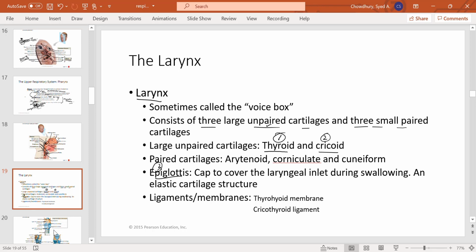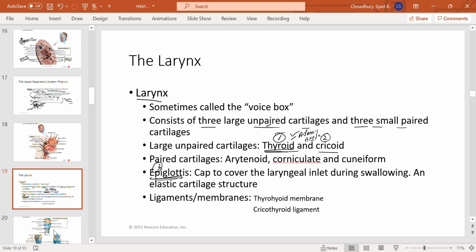All the cartilages are hyaline except the epiglottis, that is elastic, I mentioned before. Unpaired cartilages are larger. Thyroid is the largest one, also known as Adam's apple. And you know that Adam's apple is more prominent in male, right?